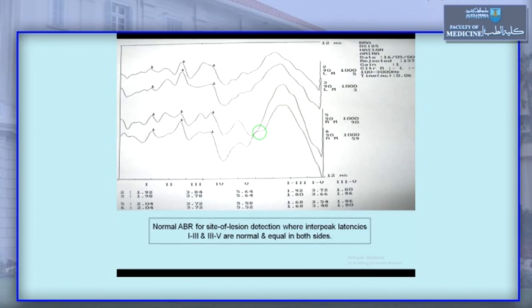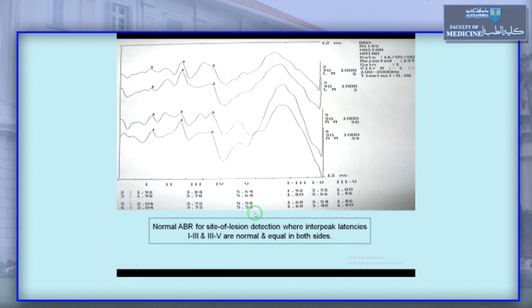The conduction time gives us information about the intactness or the integrity of the brainstem structures. We study the time relationship between wave 1 and 3, which is called the 1 to 3 interpeak interval. We study the 3 to 5 interpeak interval, and we have normal values. And also we compare the right ear with the left ear.